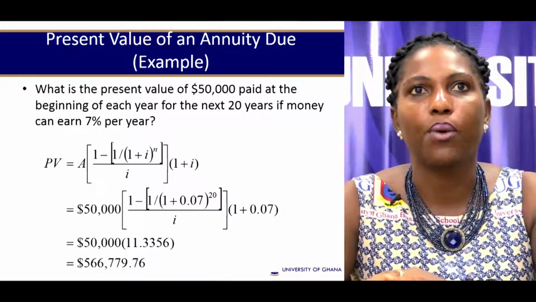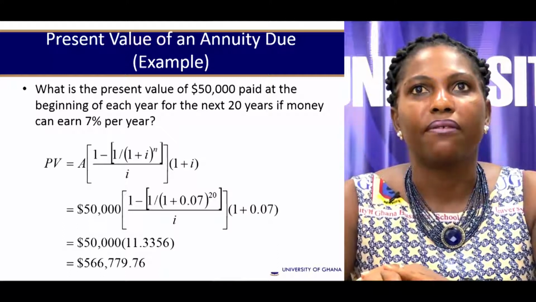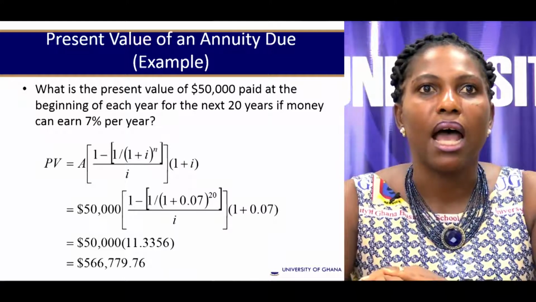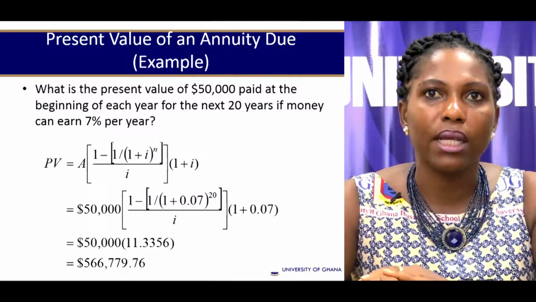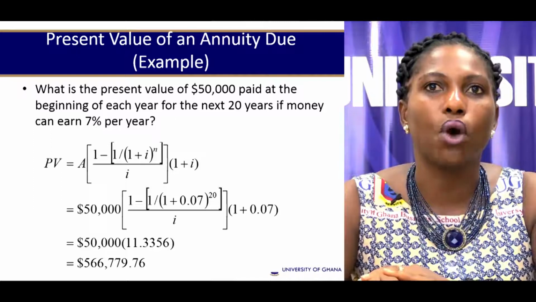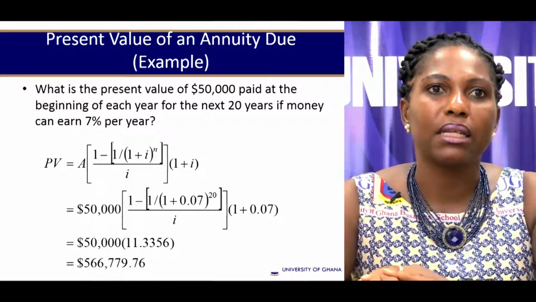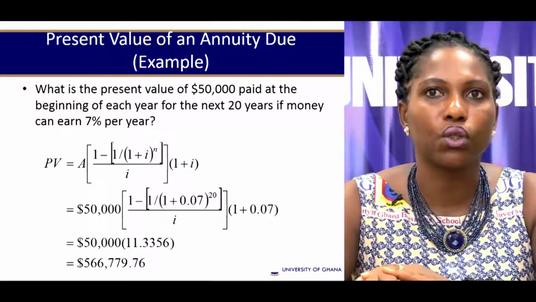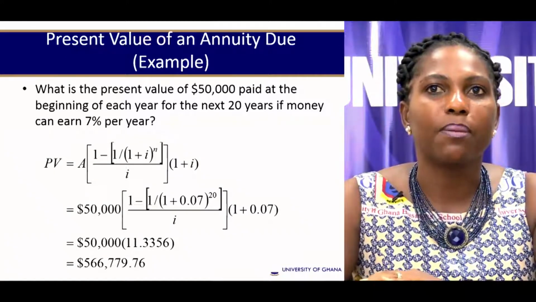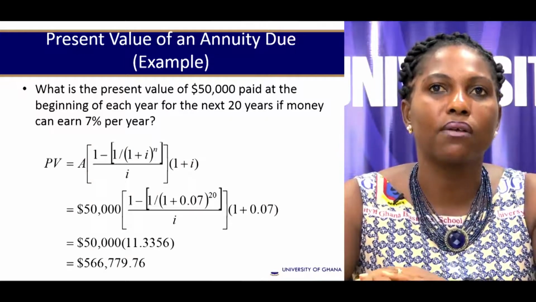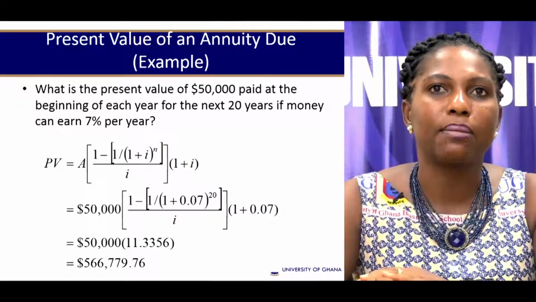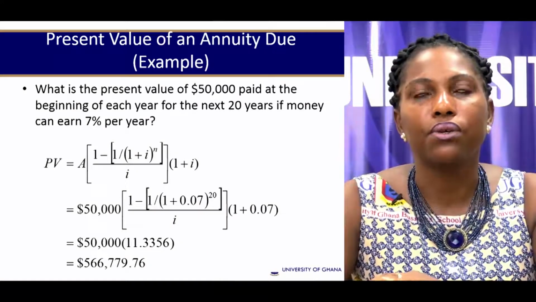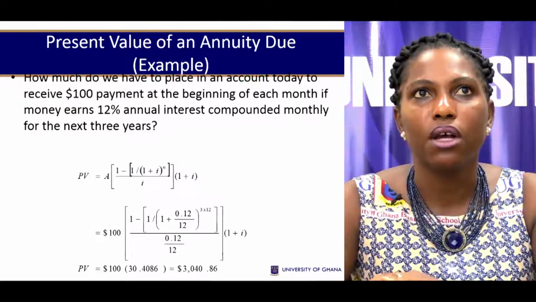And so this example we have where we have 50,000 paid at the beginning of each year for the next 20 years. Even though it's for 20 years, only 19 of those will actually be discounted. So even after using the ordinary formula, which will account for the 20, you re-multiply by the 7% to earn the interest back for the one that you discounted. So that's one way to use the present value of annuity due formula.